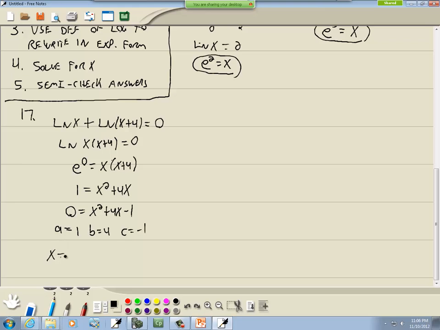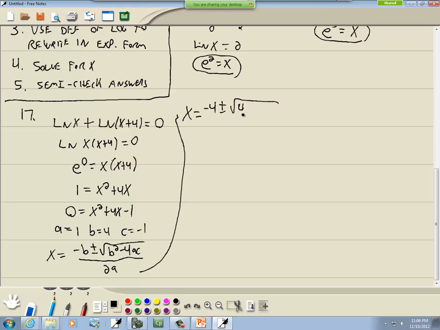And we want to plug it into this formula: negative b plus or minus square root of b squared minus 4ac, all over 2a. So that gives us negative 4 plus or minus square root of b squared, so 4 squared minus 4 times a times c, all over 2a.